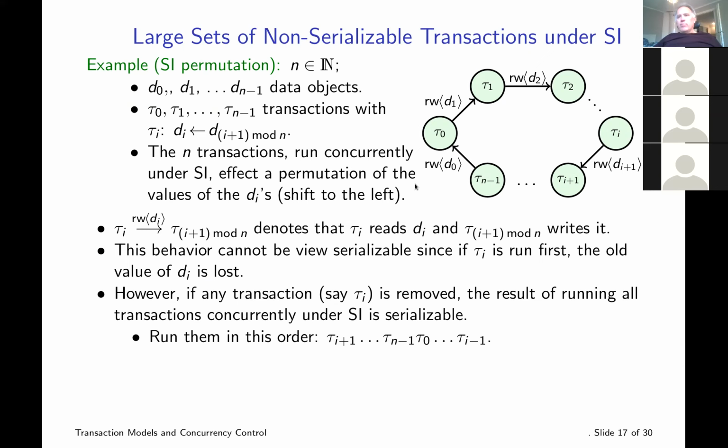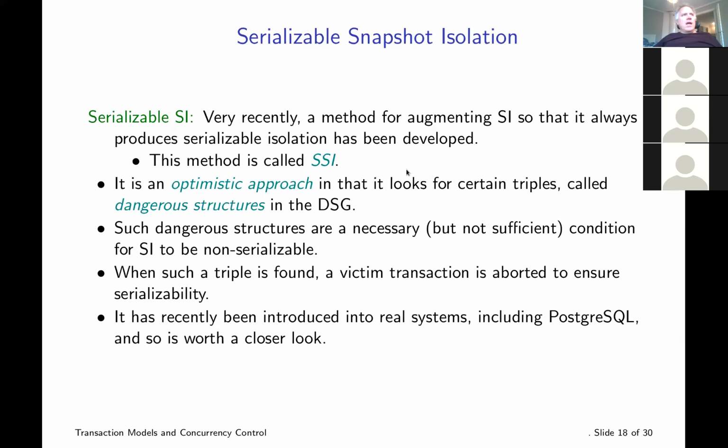All right, so this set off a lot of problems, right? So people were like, uh-oh, what do we do? And so it didn't take long to figure out that what you need to do is add some extra mechanism to snapshot isolation to basically implement what's called serializable snapshot isolation. All right. So serializable snapshot isolation is basically resurrecting this direct serialization graph, and it's looking at the direct serialization graph and waiting to see if certain types of what are called dangerous structures are arising, okay?